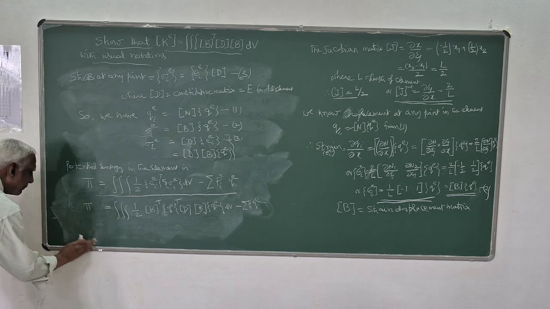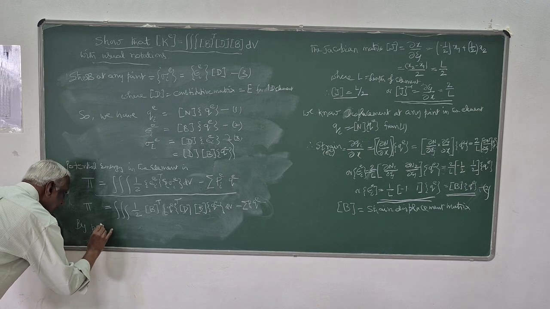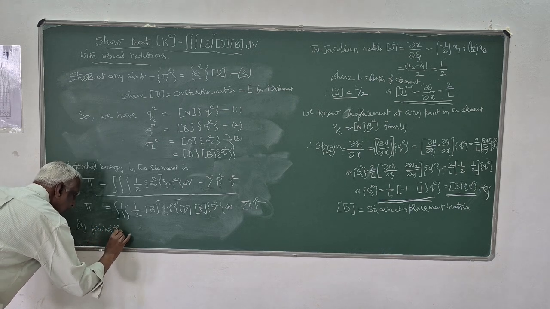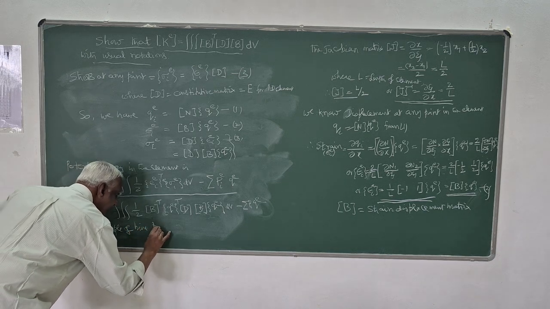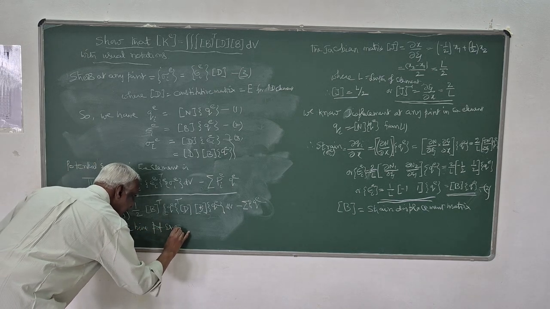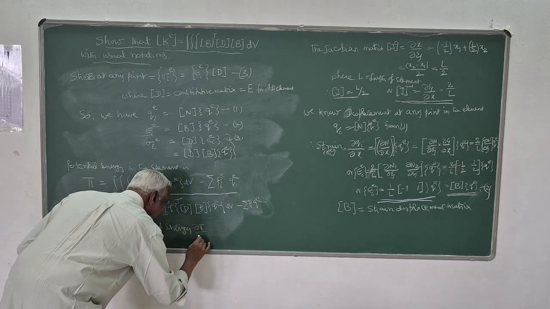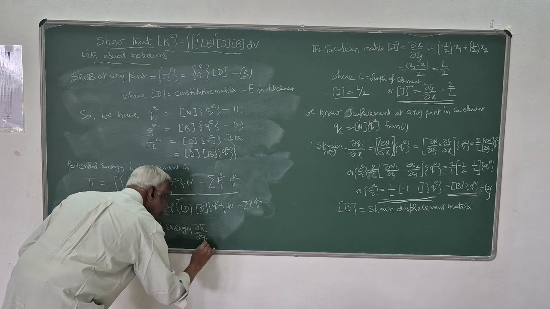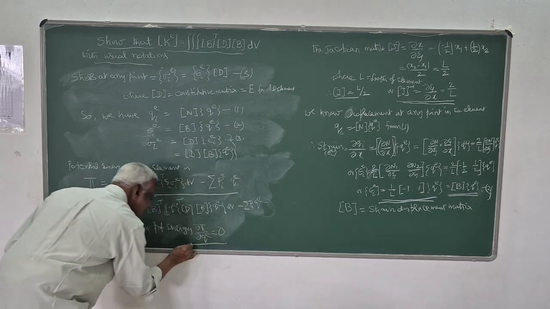So by the principle of minimum potential energy, delta of Pi by delta of QE should be 0.